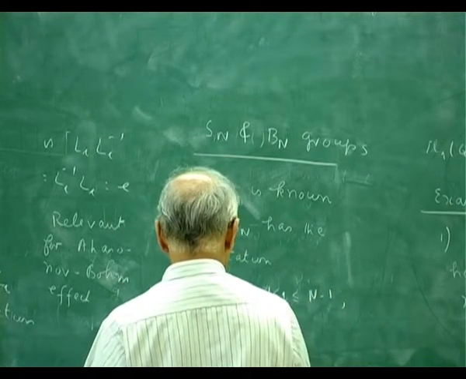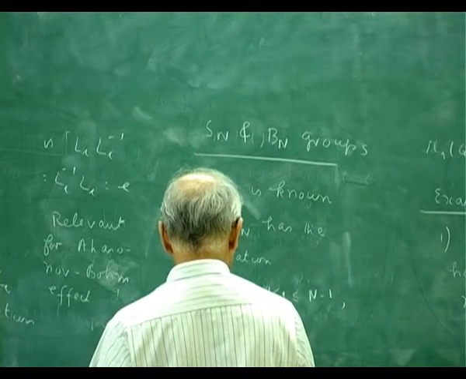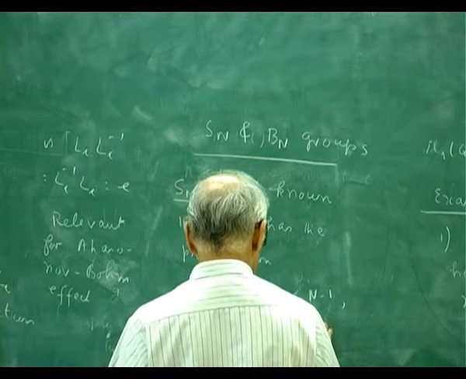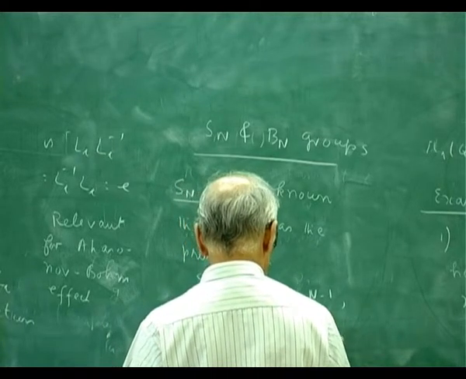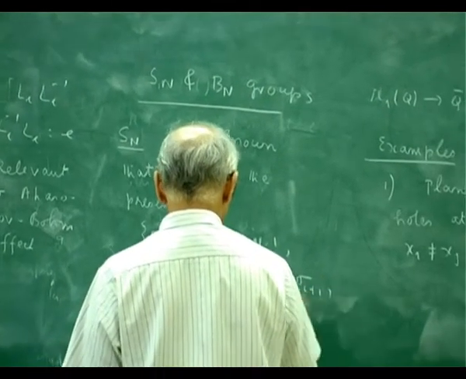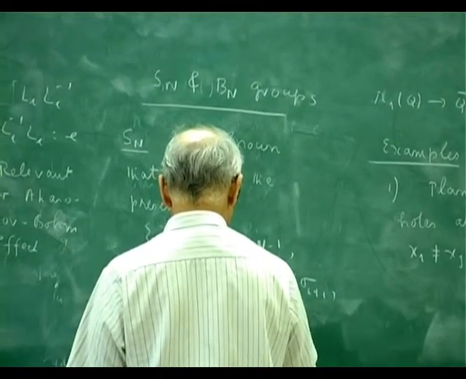Then the relations: sigma i sigma i plus 1 sigma i equals sigma i plus 1 sigma i sigma i plus 1, and sigma i squared is the identity.